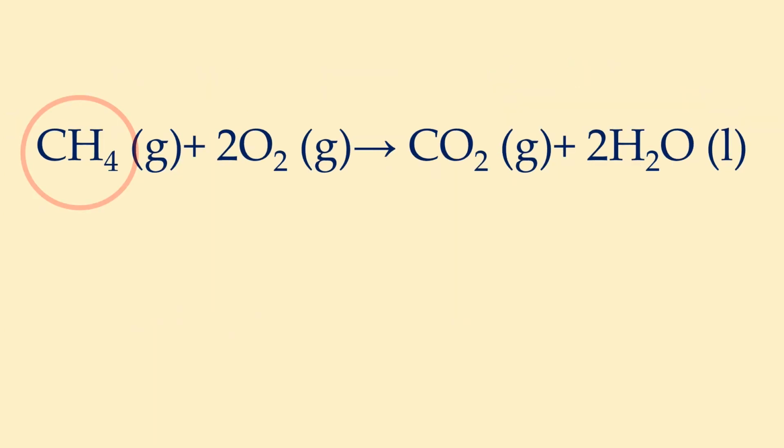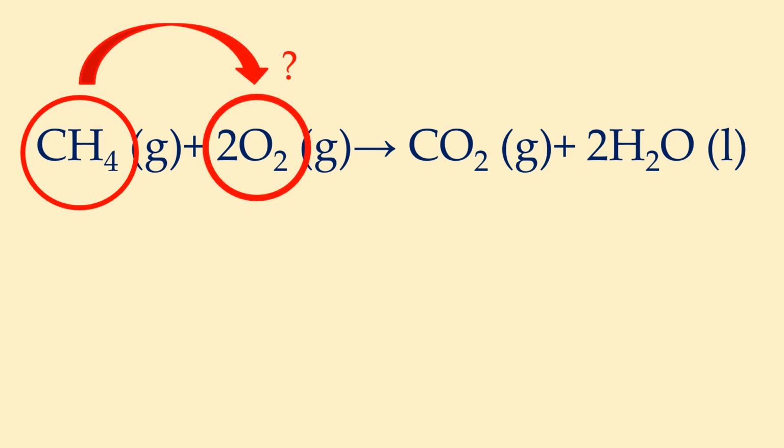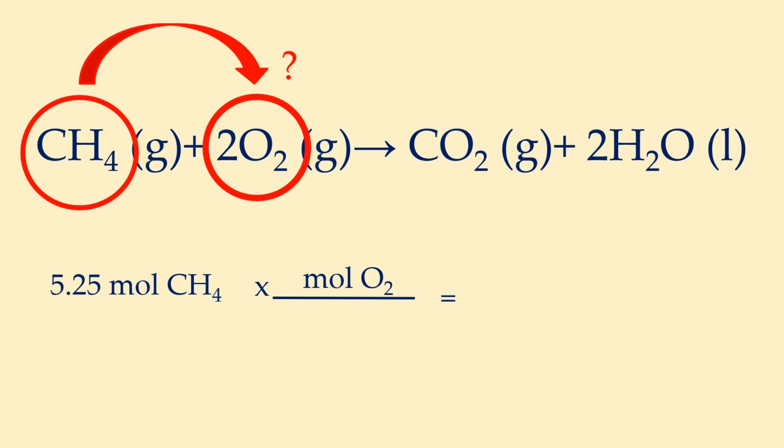We are given the amount of methane, and we're interested in how many moles of oxygen react. I'll start with my 5.25 moles of methane. Then I'll set up my ratio for converting. I'll insert the units mole of O2 in the numerator and mole of CH4 in the denominator.